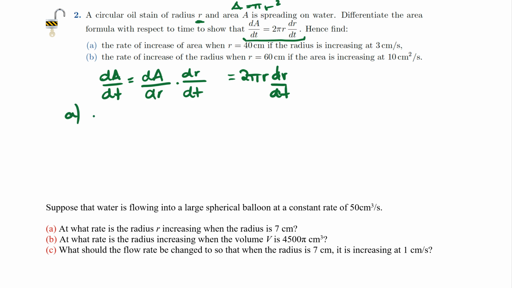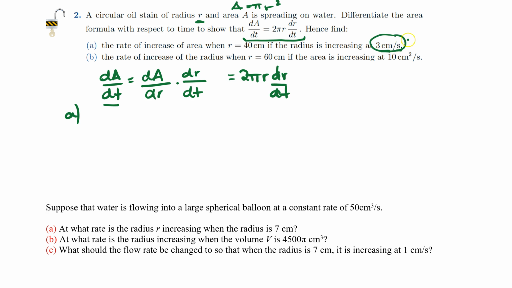And in part A it says, find the rate of increase of area, so that is dA/dt, the rate at which the area increases with respect to time, when r equals 40, so we can see that dA/dt has an r equals 40 in it, if the radius is increasing at 3 centimetres per second. So 3 centimetres per second is the radius changing as a result of time.